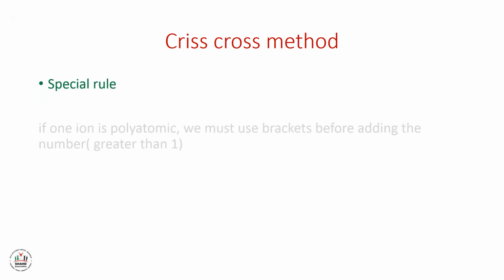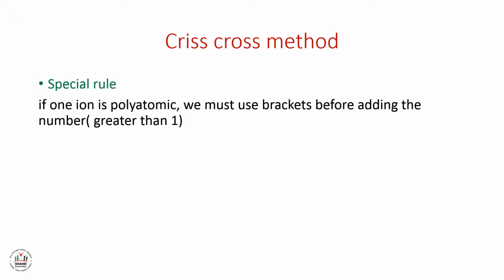Let's take another example on this case. As we said, if one ion is polyatomic, we must use brackets before adding the number, and the number should be greater than 1. So let's do it. NH4+, SO4 2-.